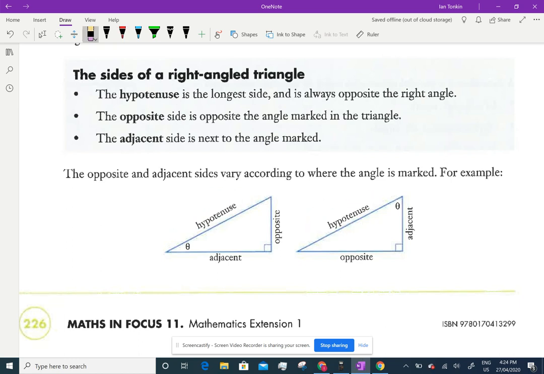We already know that by Pythagoras. But the opposite and the adjacent are all reliant upon where this angle is. So if this angle is there, well, that side is the opposite and this side is the adjacent. But if we're talking about this angle, well, then that side is the opposite and this side is the adjacent. And if you conquer that, trigonometry is easy.